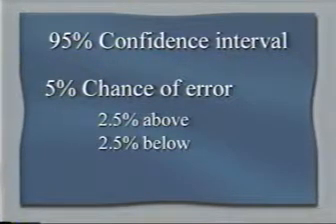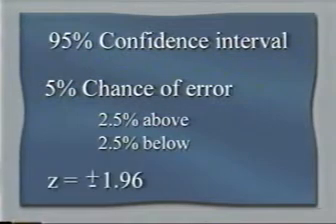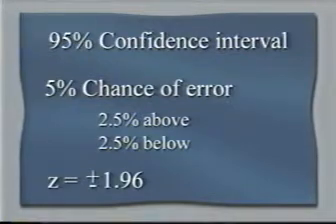And since we have a normal distribution, the Z value that will give us that 2.5% tail is a Z of plus or minus 1.96. The positive 1.96 is for the error above the interval, and the negative 1.96 is for the error below the interval. So now we have a Z value based on our 95% confidence interval.